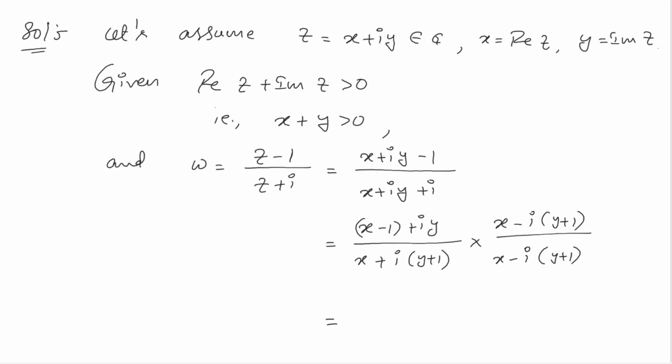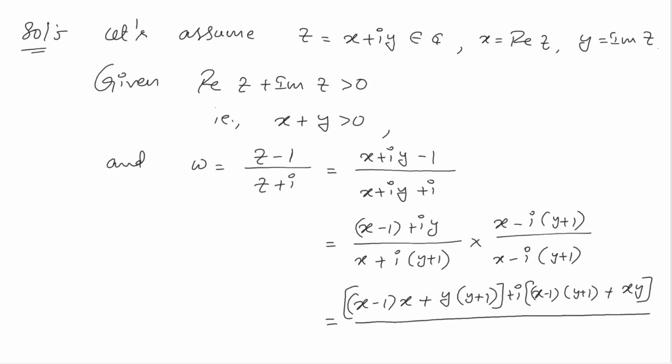In that case, we get the numerator: the real part is (x minus 1) times x plus y times (y plus 1), plus i times the imaginary part, which is (x minus 1) times (y plus 1) plus xy.